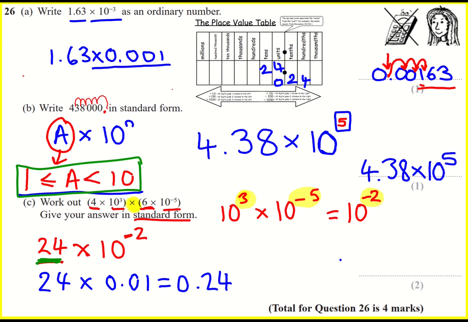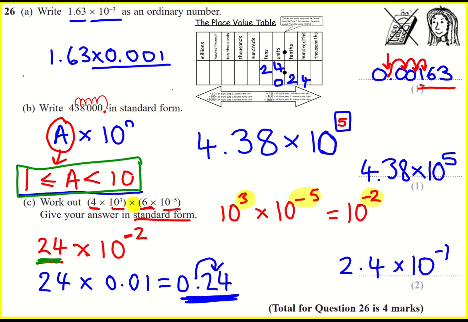Standard form, that would be 2.4, because remember, I'm trying to get a number from this that is between 1 and 10, times 10 to the negative 1. Why have I done that? Because I have to jump that once to get to there. So 2.4 times 10 to the negative 1.